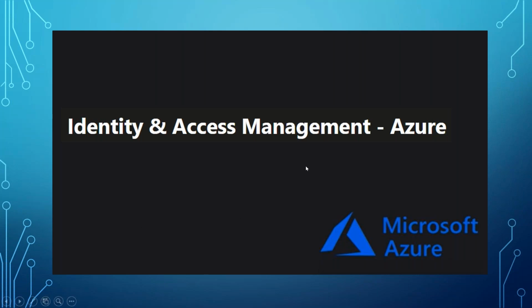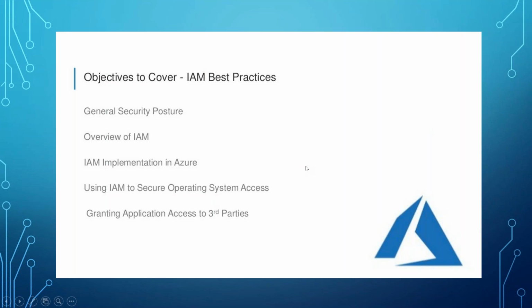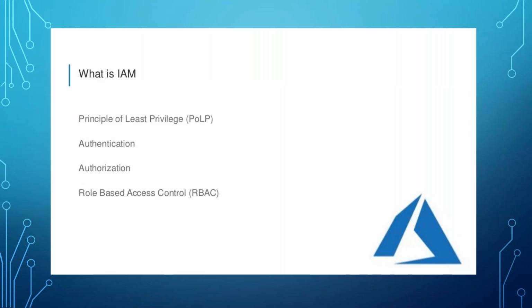Next one is the objectives: to cover IAM best practices, general security posture, and an overview of IAM implementation in Azure. So using IAM to secure operating system access, and granting application access to third parties. Okay, we'll see this. And next one, what is IAM?